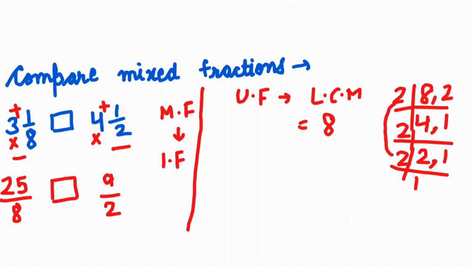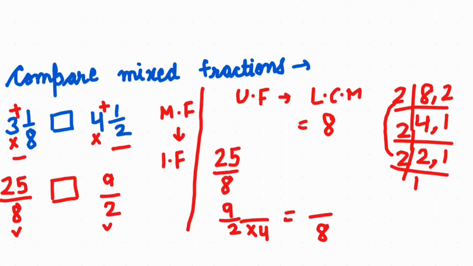The first fraction was 25 by 8. Here the denominator is already 8, so we will not change this. Let's take the other fraction, 9 by 2. Here the denominator is 2 and we will make the denominator 8. So we have to multiply the denominator and numerator by 4. So the new fractions are this and this.